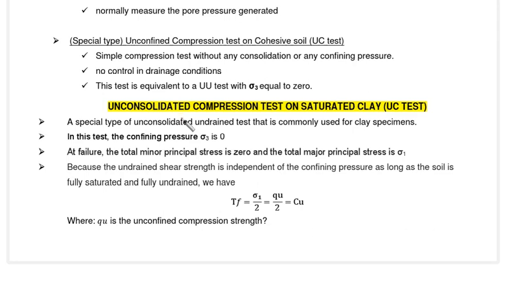So we will present a schematic diagram of the specimen showing the boundary condition and applied stresses, and of course the diagram showing the Mohr circle for the test, in which we have to plot the failure envelope and determine the shear strength parameters, the phi and C. So we have here the first, the UC test.